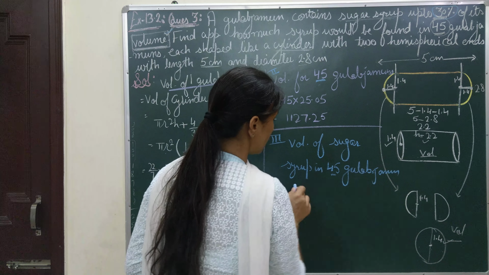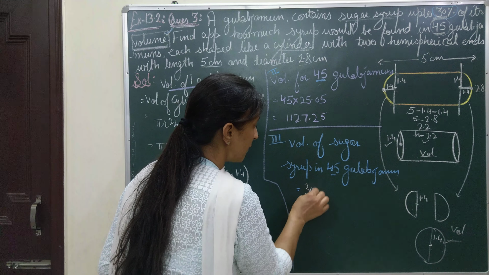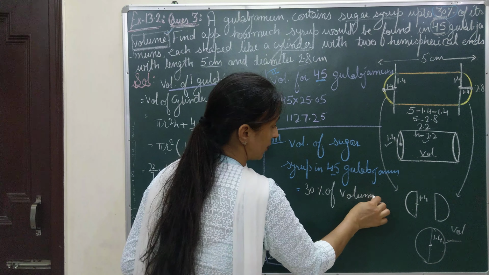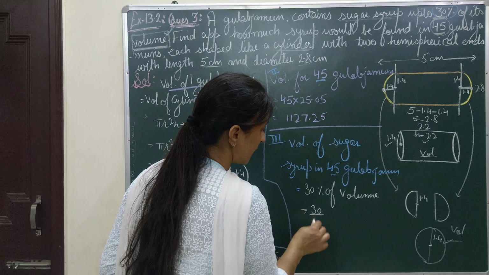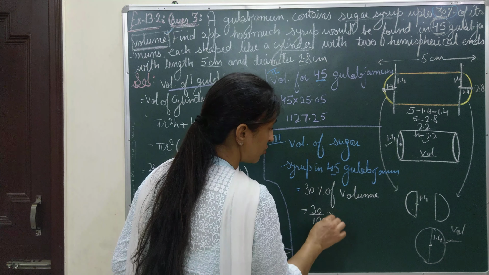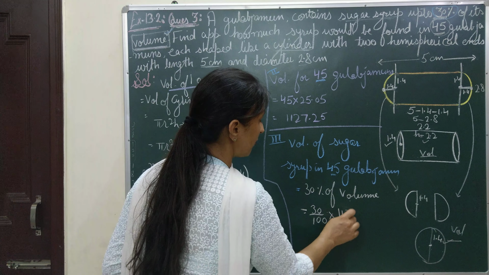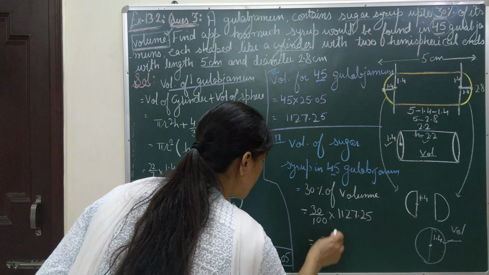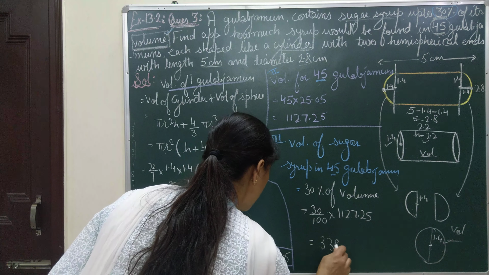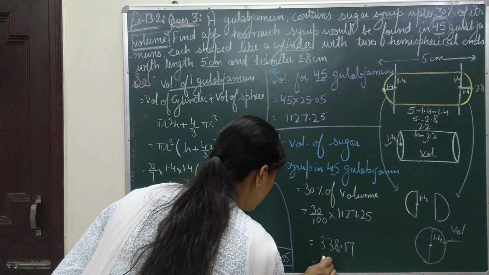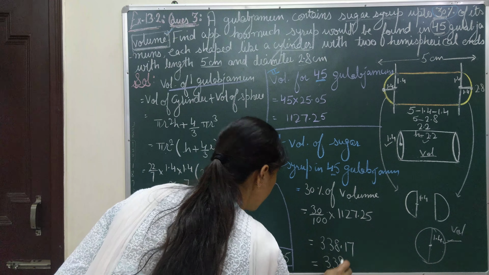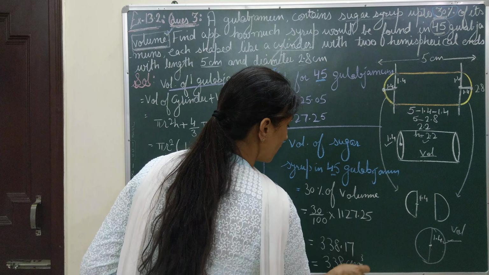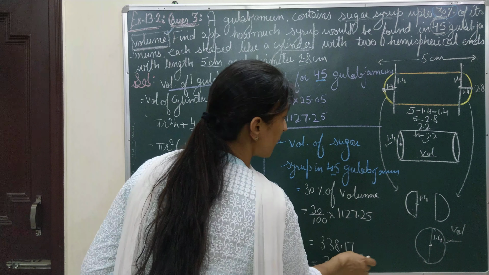Okay, so you are given that it is 30% of the volume, and that is 30 by 100 into, now how much is the volume? 1127.25, and when I remove decimals and solve it is 338.17. You can round it off as 338 centimeter cube. You are finding the volume, so it will be in centimeters cube.